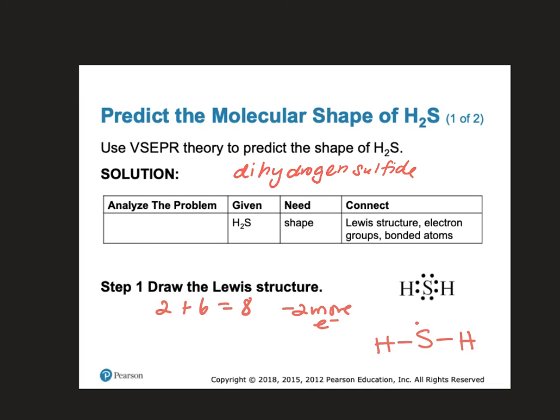Let's add our electrons so that everything has an octet. Now let's count. 2, 4, 6, 8. So we have our valence electrons, so our structure is acceptable. Now let's look at sulfur. I'm going to just redraw this for us.